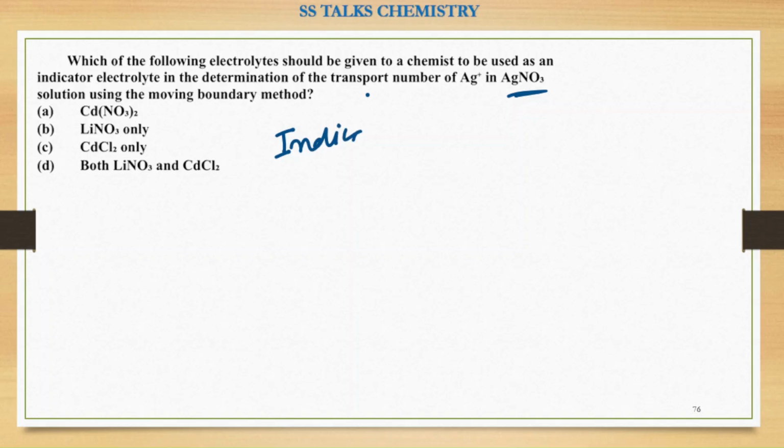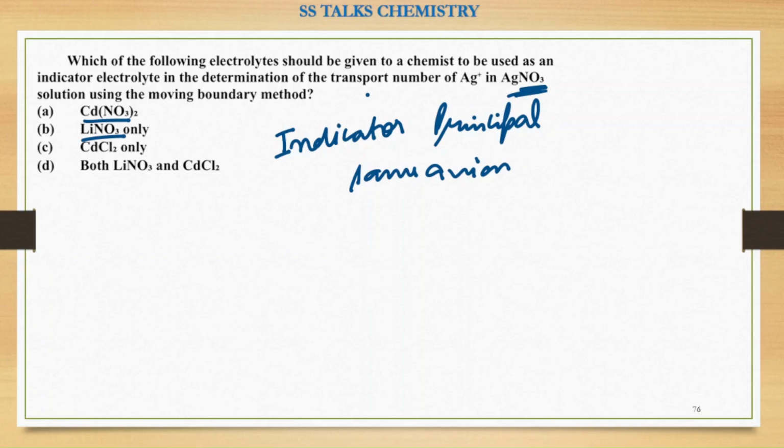One is the indicator and the other is the principal electrolyte, and the anionic species in both of them should be the same anion. So here the anion is nitrate. So the indicator electrolyte should also contain the nitrate ions. So that is present in cadmium nitrate and in lithium nitrate.